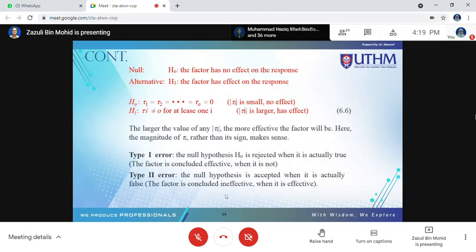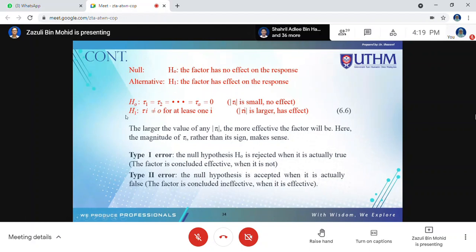As you learned in a previous chapter, you have learned about the null hypothesis and alternative hypothesis. We have to express the problems that we want to analyze using a mathematical method, using the symbols H0 and H1. H0: tau1 is equal to tau2, and so on, is equal to 0.